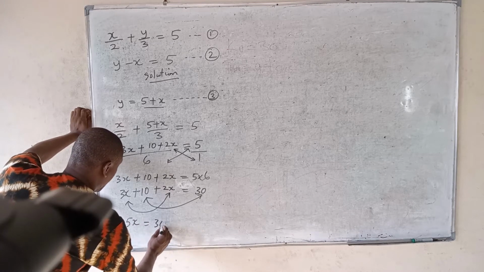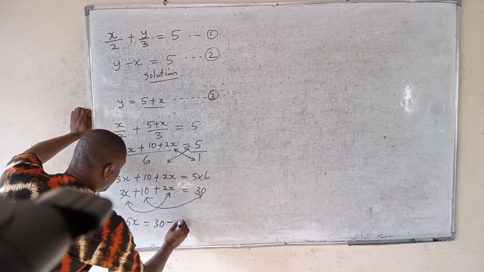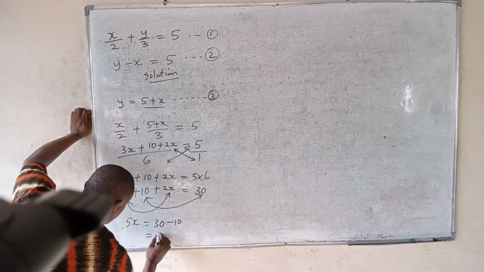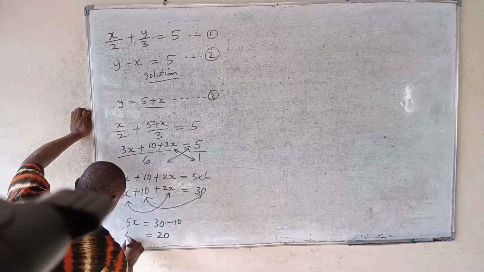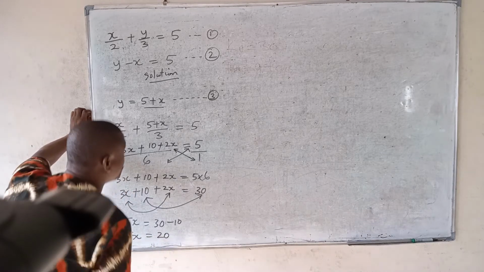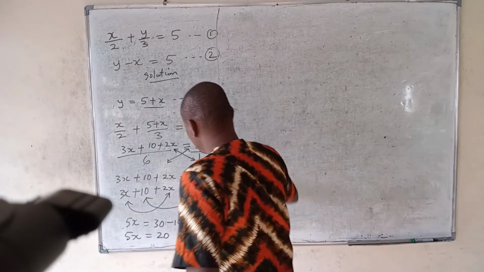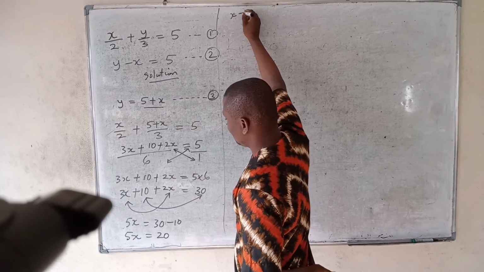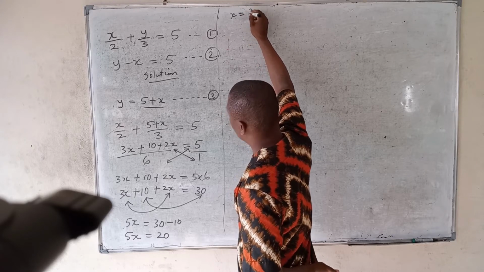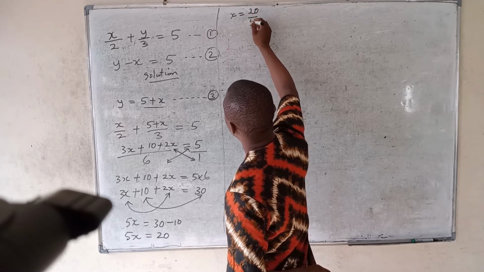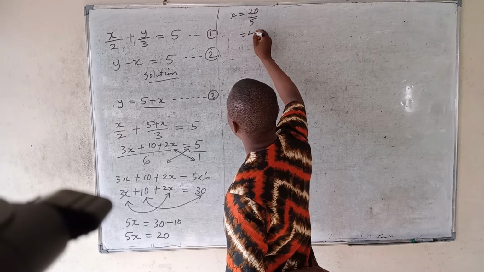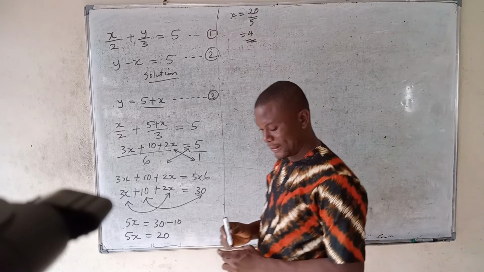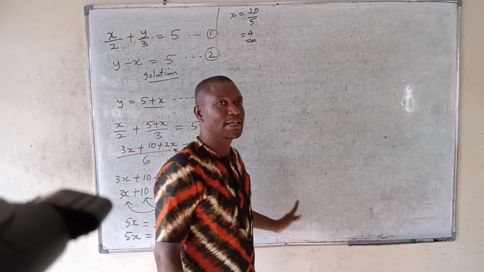Then 30 minus 10, when this one crosses over to this side, it becomes negative. So this is 20, 5x equal to 20. So this implies that x is the same as 20 over 5, which is the same as 4. So the value of x is 4 in this case.